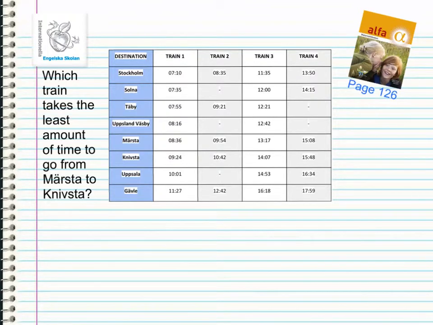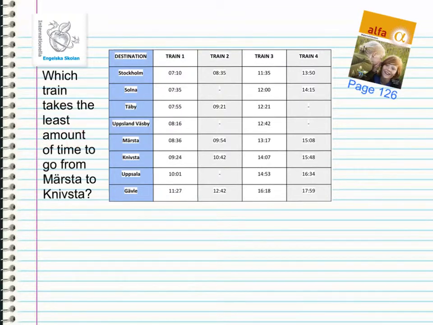The next question is, which train takes the least amount of time to go from Märsta to Knivsta? So we'll be most importantly looking at these two stations. So we can look at train number 1, train 2, 3, and 4. And we're looking at the train which takes the least amount of time.